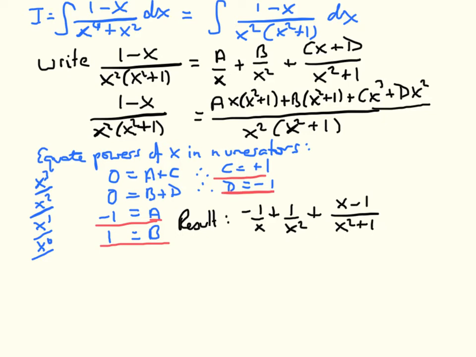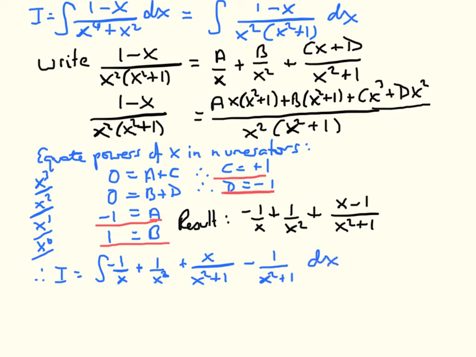So this is our partial fraction decomposition, and this tells us therefore that our integral I is going to be the integral of minus 1 over x plus 1 over x squared plus x over x squared plus 1 minus 1 over x squared plus 1, all integrated with respect to x.